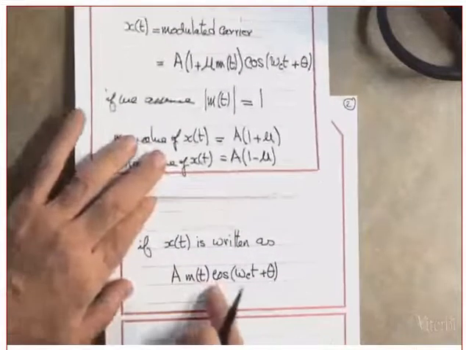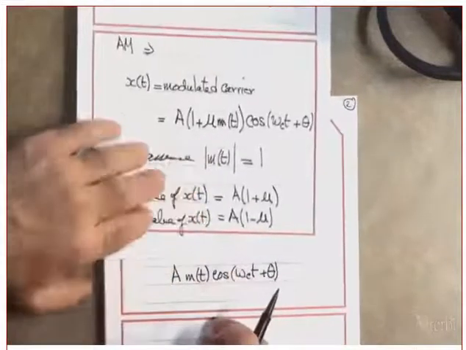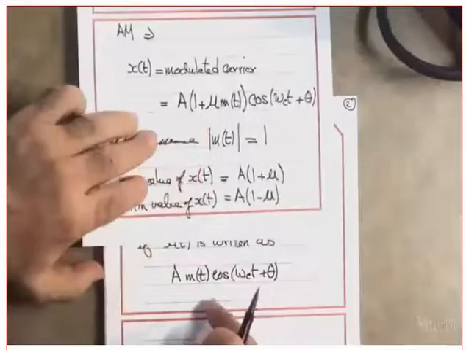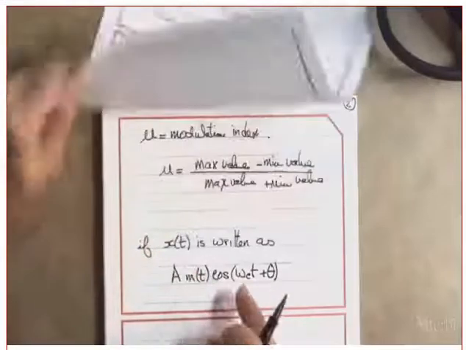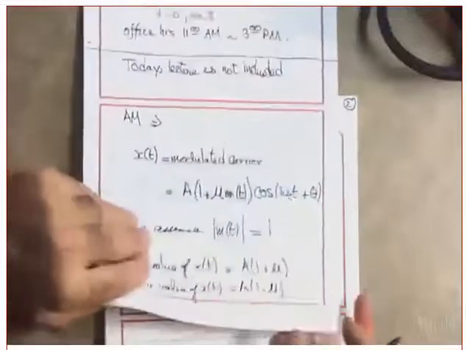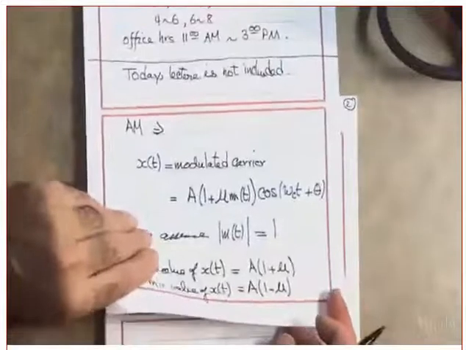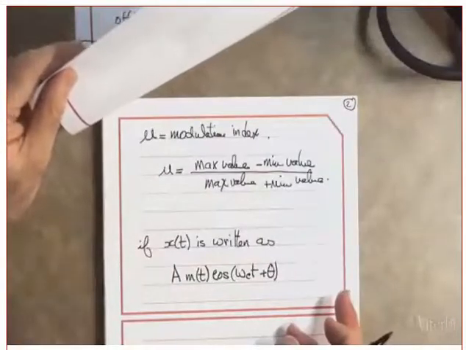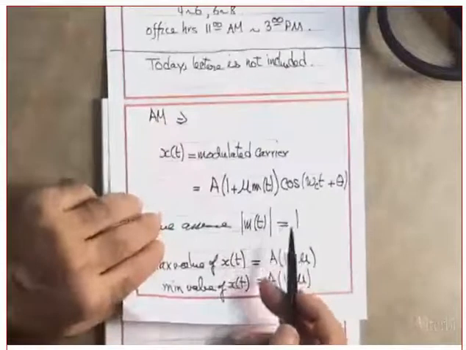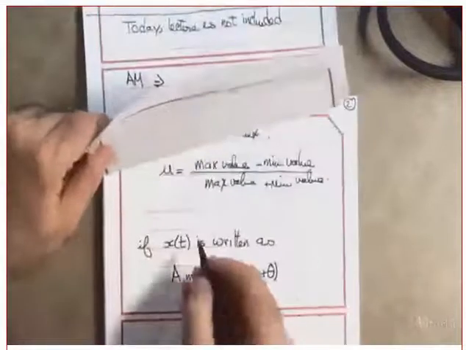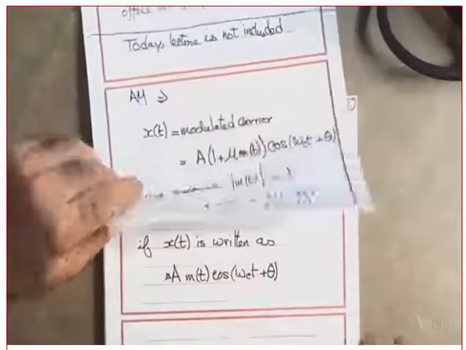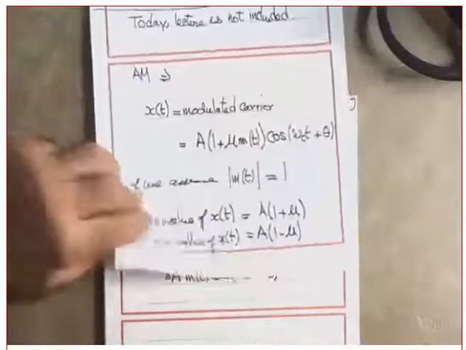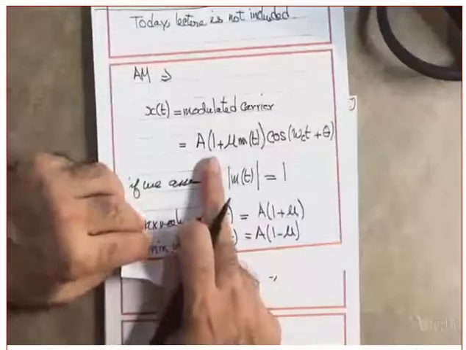When I wrote it like this, what did I assume? Sorry, I forgot the mu. There's a mu here. What did I remove? I removed a 1.